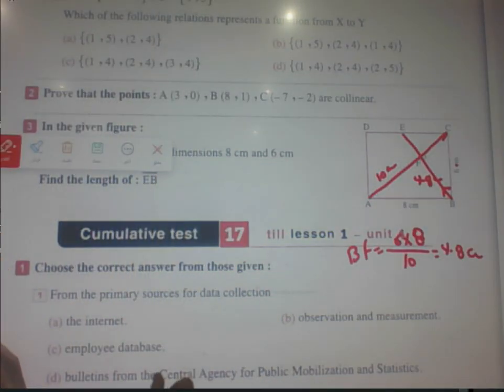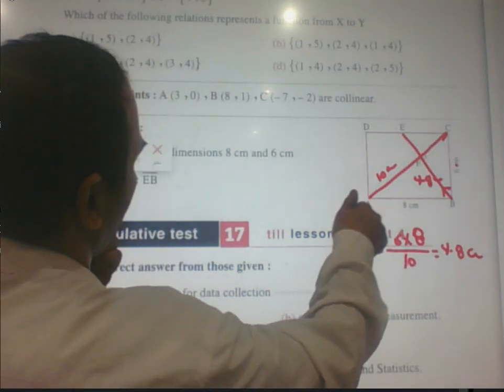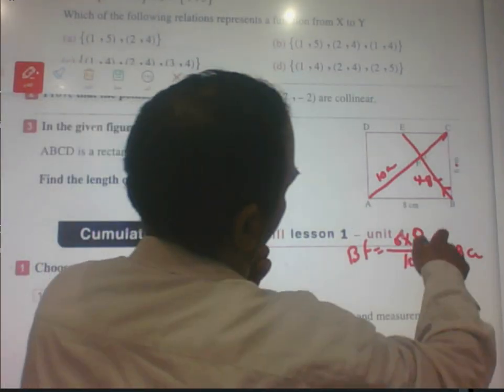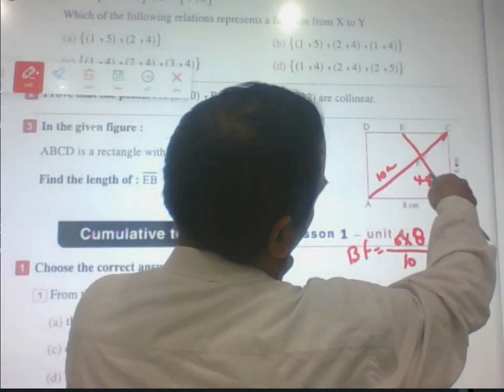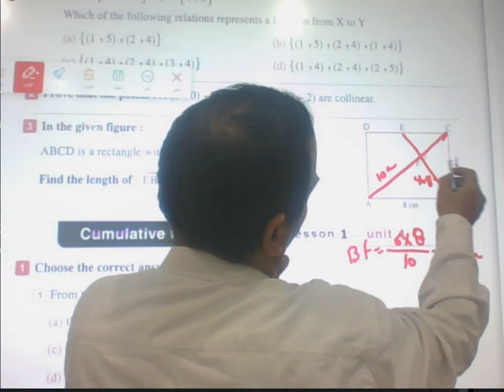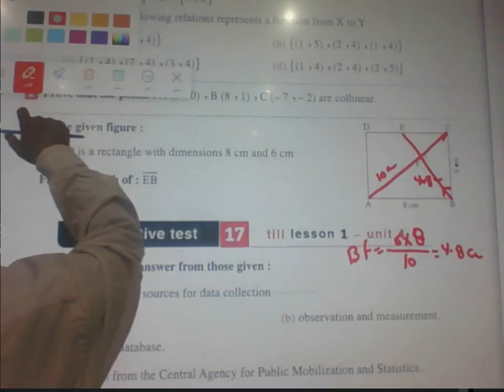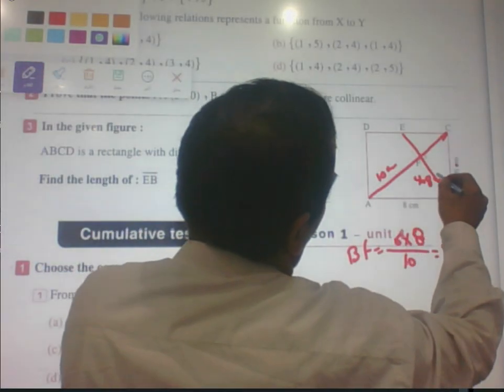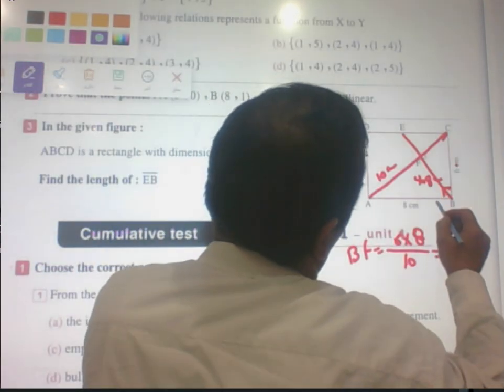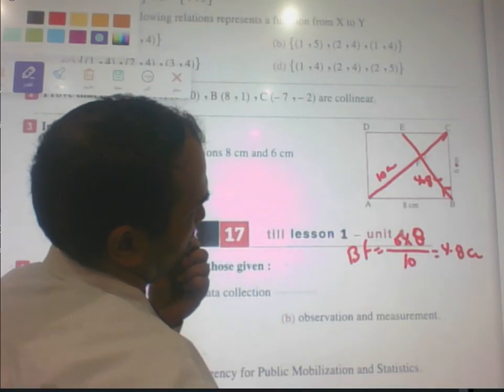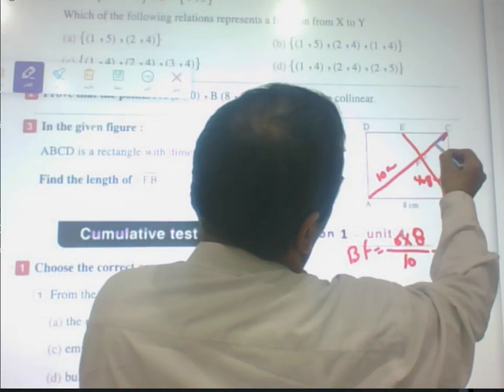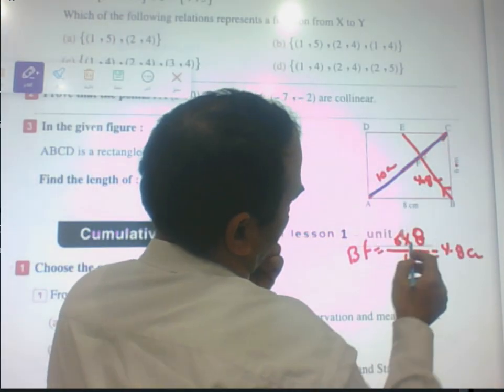Okay, we want to find EB. Who can tell me how to find EB here? We found this line segment is 4.8. Now I will find the length of this part from this triangle. We have this 10 centimeters.